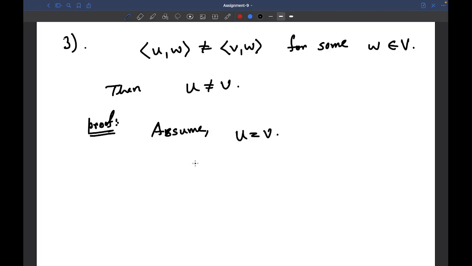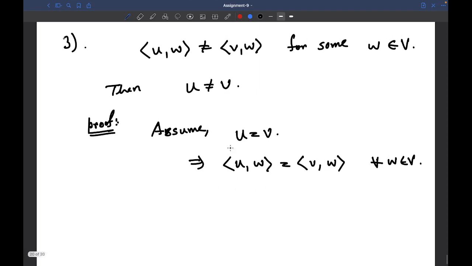If U equals V, which implies the inner product of U and W equals the inner product of V and W for all W in the space, right?